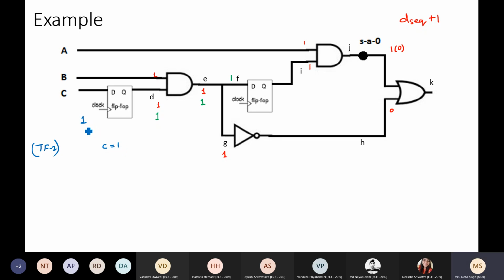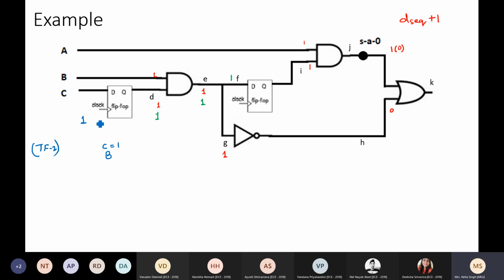Also, should B be equal to 1 so that this value gets ANDed and does not change? No, B can be don't care. Whether B is 0 or 1, right now I am only evaluating C.